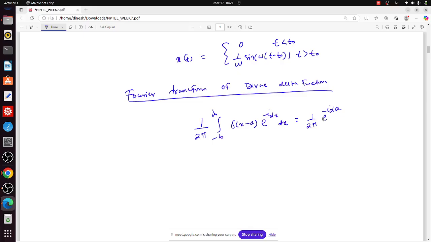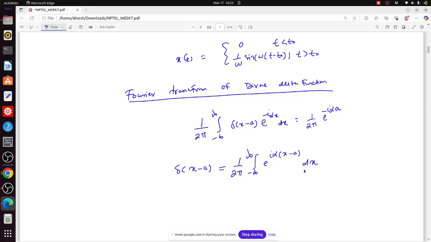If you do the inverse Fourier transform, it gives a very useful integral representation of the Dirac delta function: delta of x minus a is equal to 1 by 2 pi integration from minus infinity to infinity of e power i alpha times x minus a d alpha.